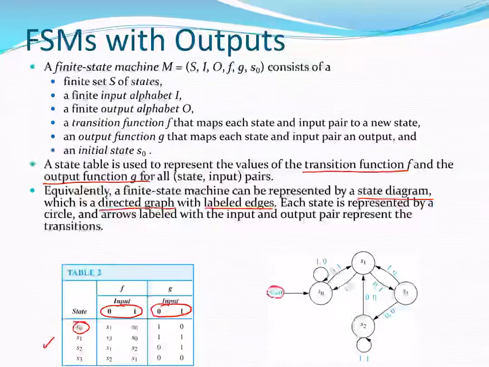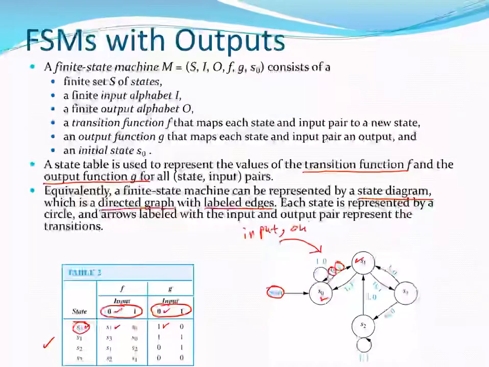If we're in state 0 and a 0 comes in, a 1 gets put out and we go to state 1. In this case, the input is on the left and the output is on the right in the edge label.